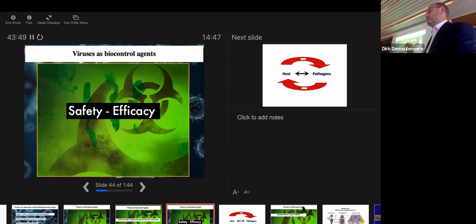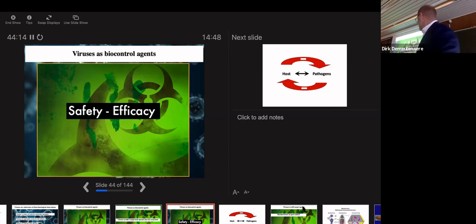So one aspect of the use of viruses as biocontrol agents is that we create by this process opportunities for host jump to occur. And so we have to be extremely sure, and control this experimentally, that this host jump is not possible.